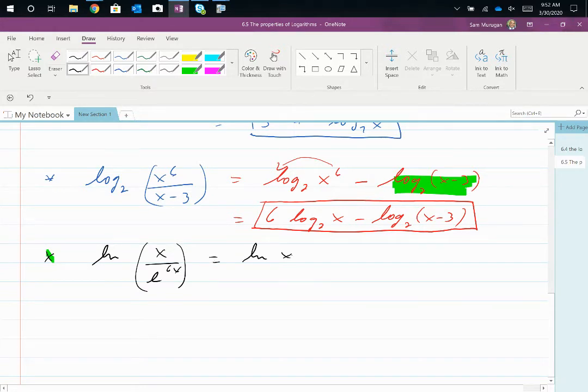This is natural log of x minus natural log of e to the power 6x. Use the power rule to bring 6x to the front. ln e, which is 1. So ln x minus 6x.